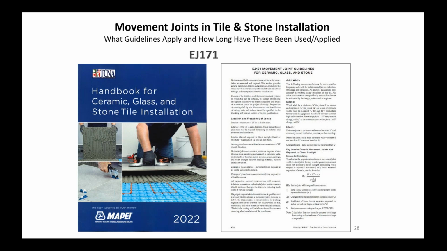This is the current handbook, and you can see in the bottom right-hand corner, there's even a formula for figuring out the width of the movement joint on an interior installation. The spacing has changed over the years and continues to become a little bit tighter.